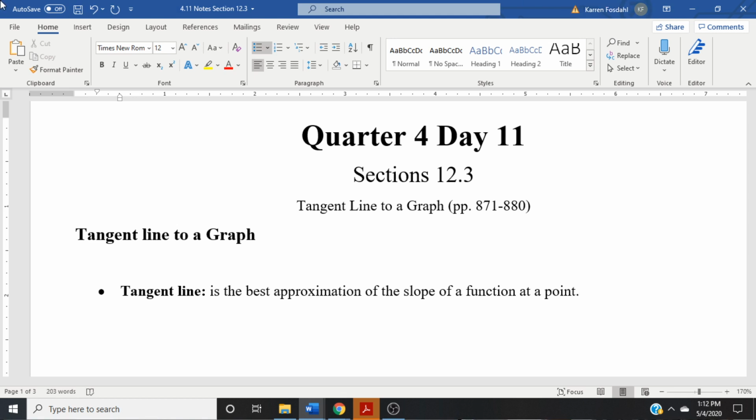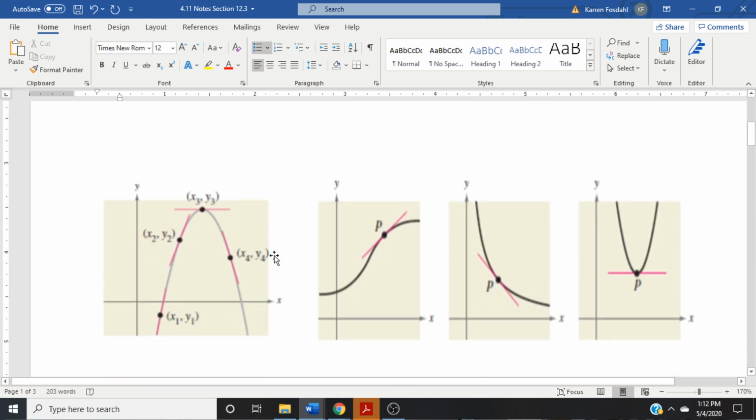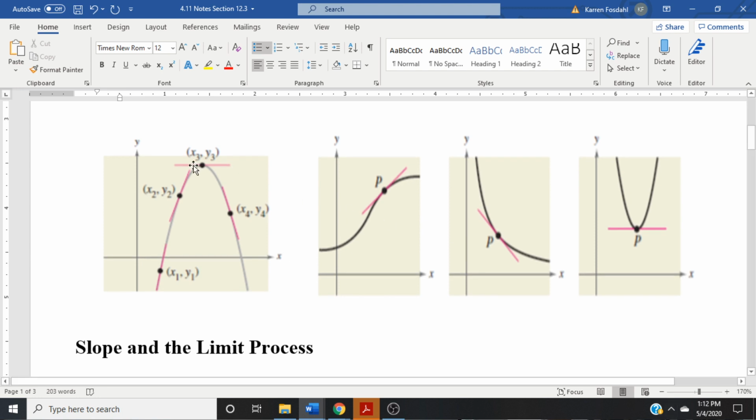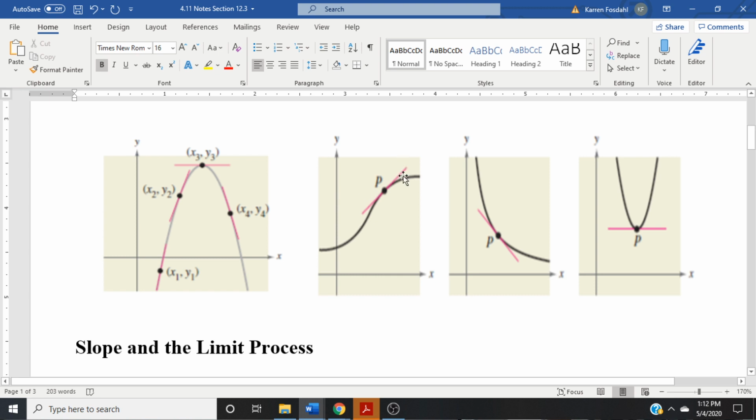Now, what's crucial about a tangent line is it actually does correlate with what we learned in trig. Tangent lines do correlate with slope. If you look at some of these graphs, you can see the tangent line. That red thing, that's a tangent line. We don't know the slope from what we've been taught, so it's not clear what the slope of a graph is at a point.